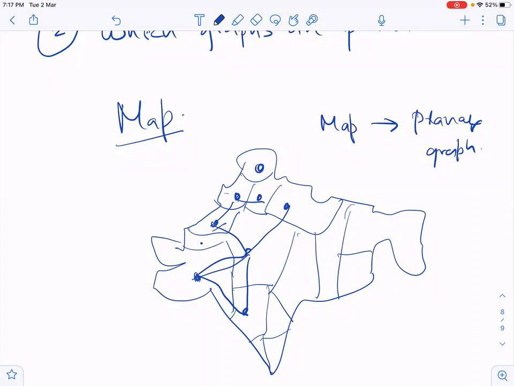How does that translate to here? It translates to a proper coloring of the graph. You know what a proper coloring is, right? A proper coloring of a graph basically means that you color the vertices using colors, in such a way that no two adjacent vertices have the same color.